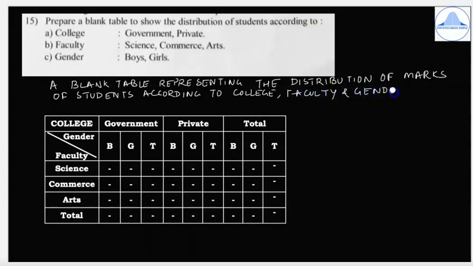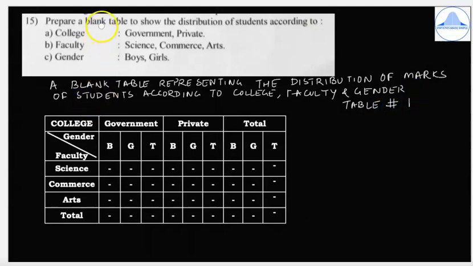So remember that a title should usually be written in capital letters. And if required, you can also give a table number. I'll call it as 1.